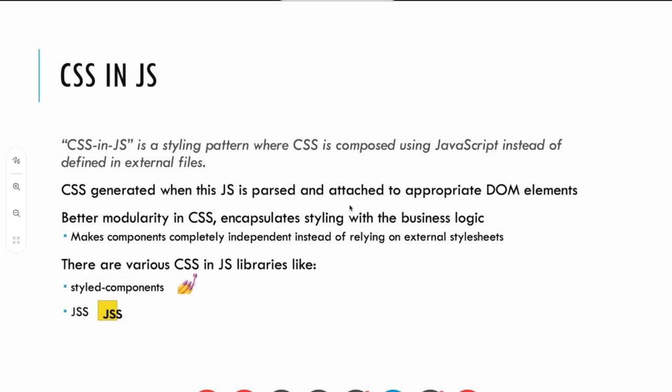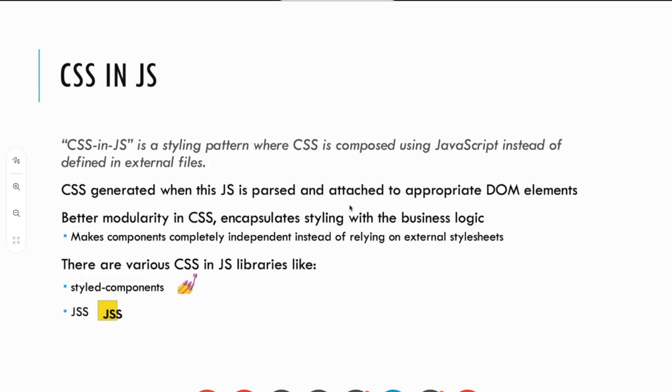Okay, so the last concept that I'm going to talk about is CSS in JS. Before CSS in JS, when you were writing modular code, and let's say you were writing a login form, your methodology would be to write some HTML and then write some JavaScript on top of it. And then finally, to style that form, you would need some CSS. Now, for using that CSS, you would have to depend on some external style sheet.